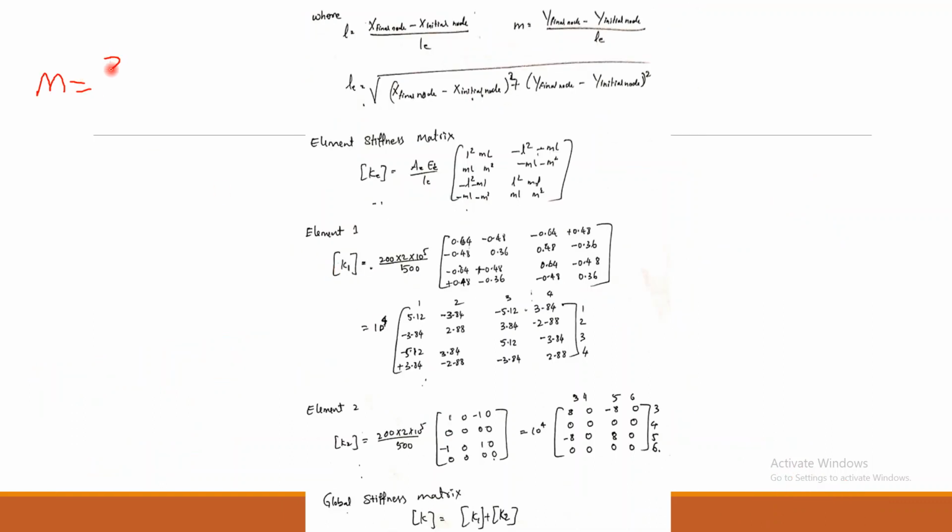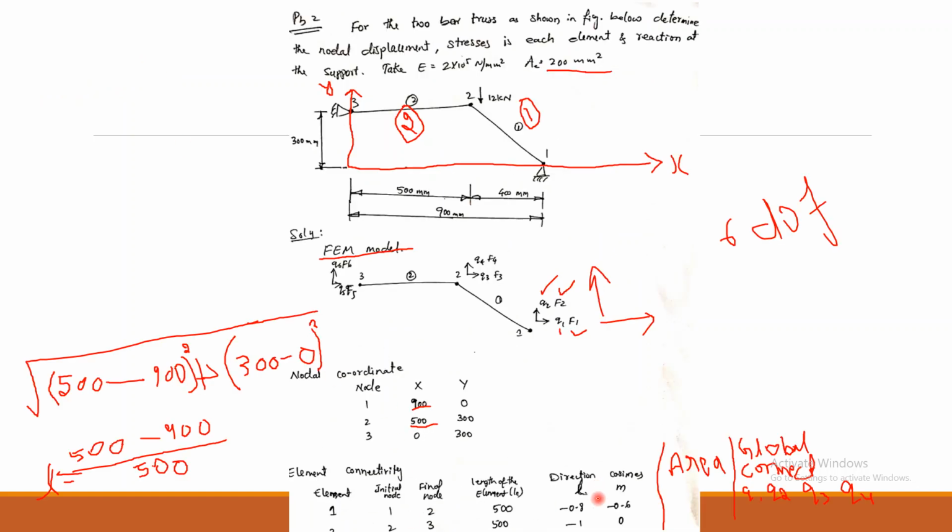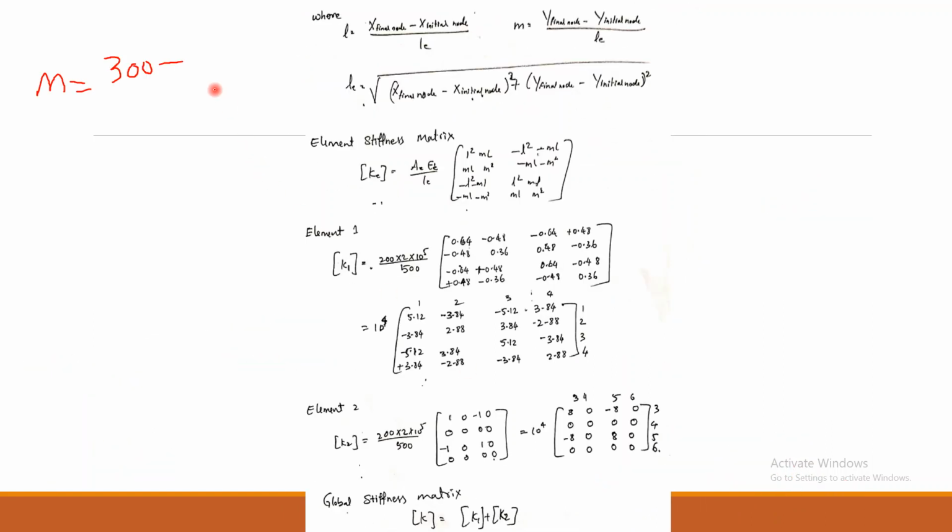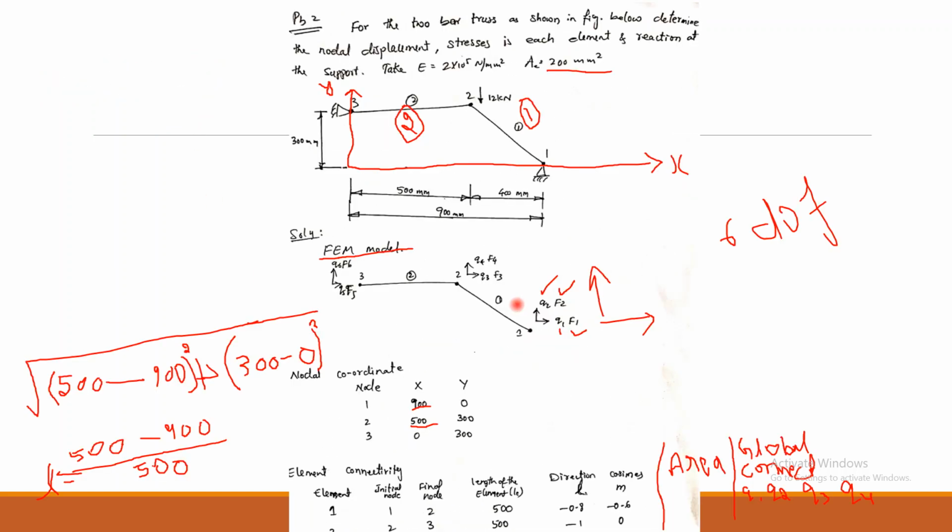That is 300 minus 0, whole divided by length of the element. It is 500. So that we get the value of m. Okay. So it should be positive.